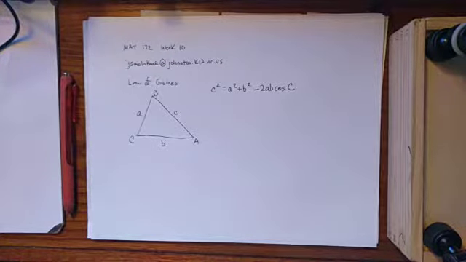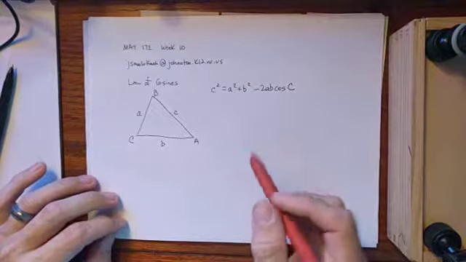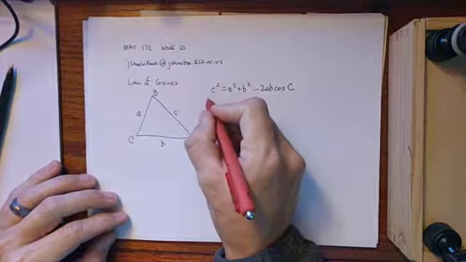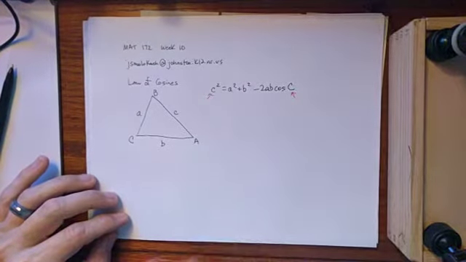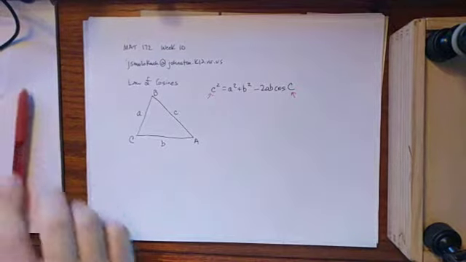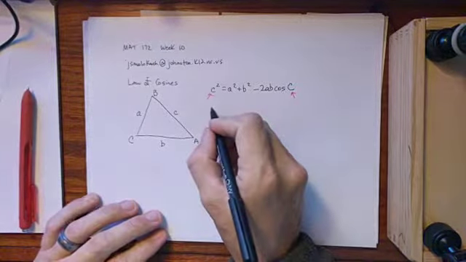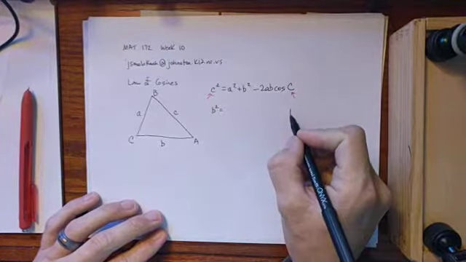A couple of things to notice about this equation. One is that the first letter and the last letter always match when you write it like this. You can write it differently: b squared equals something that ends with a b.